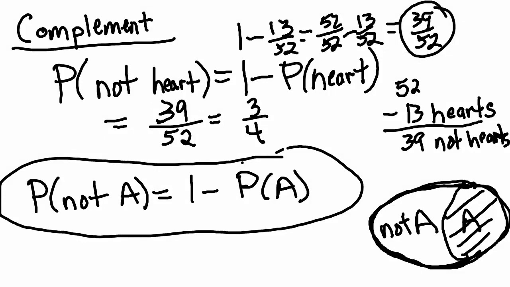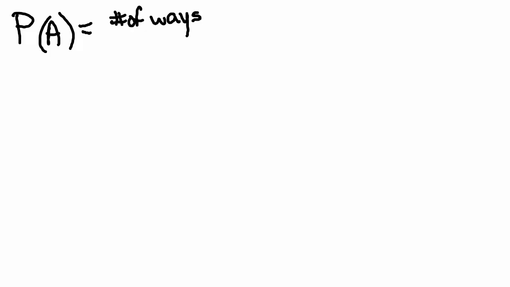So that's pretty much all the formulas that you need to know. Let me just summarize them. Probability of A is number of ways to get what we want, which is A, over the total number of ways.